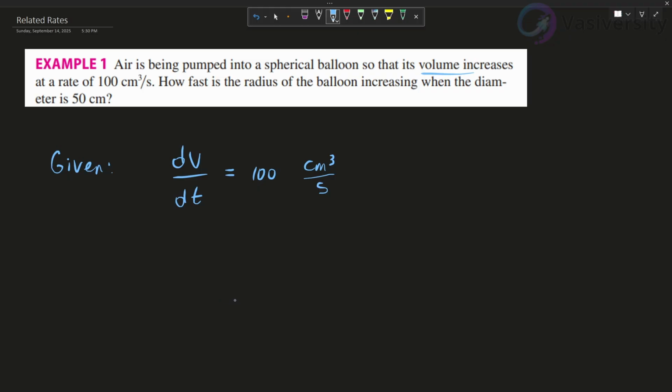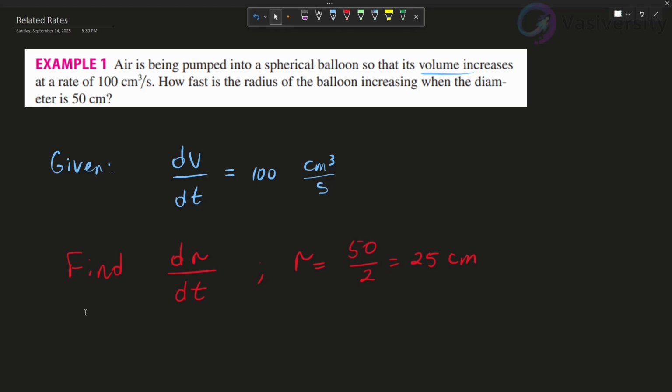The rate of increase of the radius when the diameter is 50. So we want to find dr over dt, the rate of change of the radius. How fast is the radius increasing? If the diameter is 50, the radius is half of the diameter, so it's 50 over 2, which is equal to 25 centimeters.